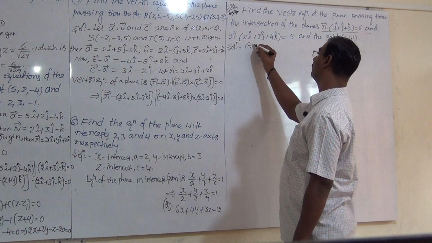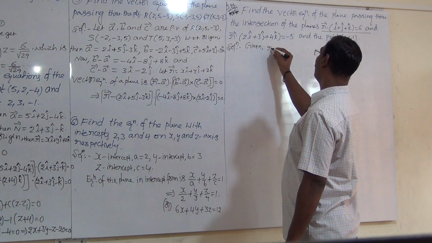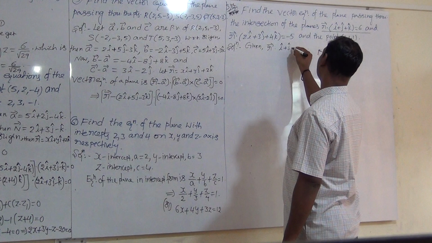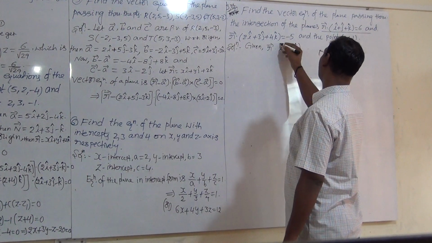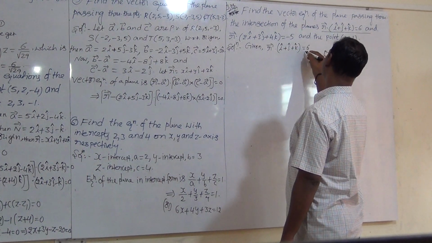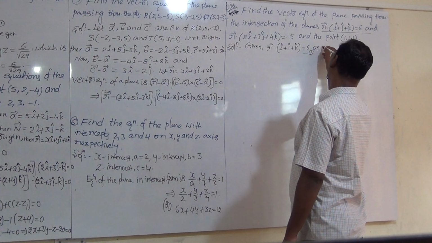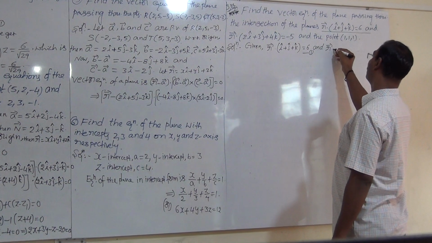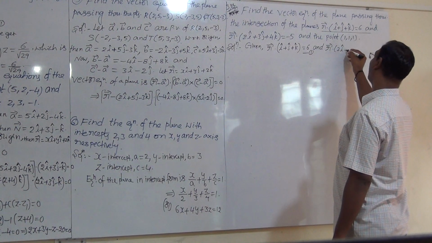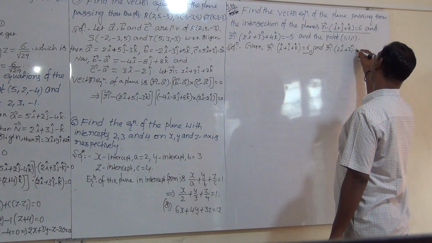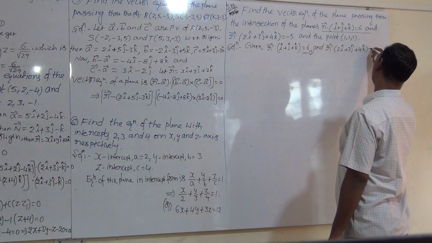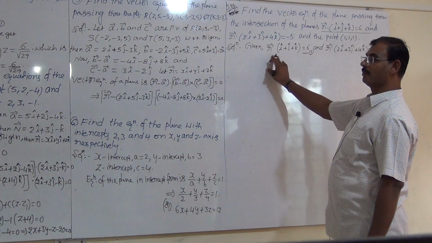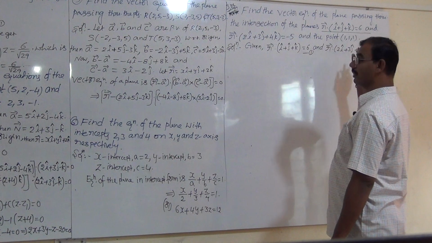The given planes: r bar dot (i plus j plus k) is equal to 6, the first plane, and the second plane, r bar dot (2i plus 3j plus 4k) equals minus 5, as equation number 2.